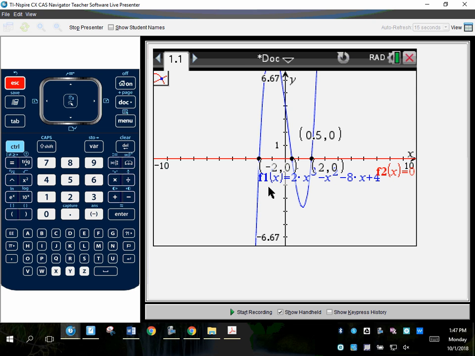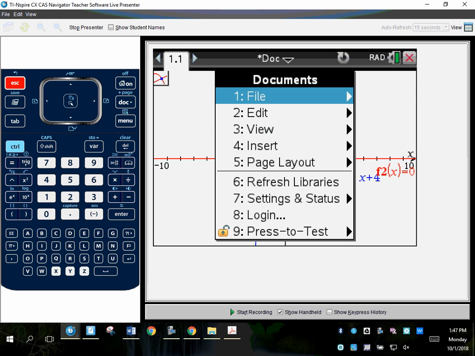Go and please press the button that says doc. And even, by the way, the numbering of our file system is important. Think of it this way, question 1, part 1. So anything that I'm doing with this question could be 1.1, and then if I need more space, I could use a 1.2 and so on. If I want to go to a new problem, so this next problem is completely separate from our graph and everything else, you would go to insert, and I think it's even called new problem.